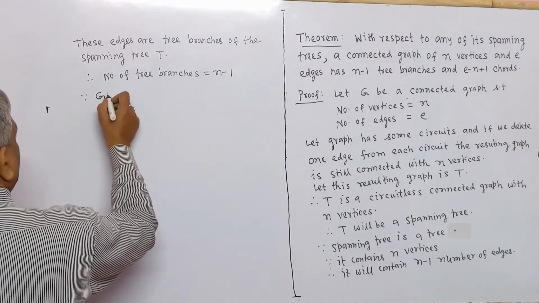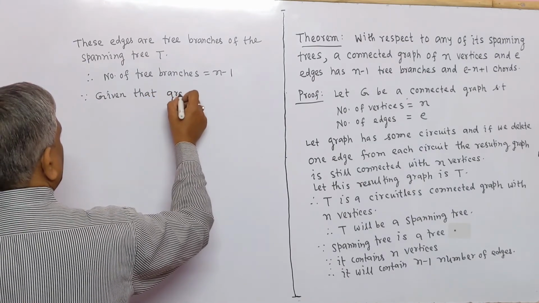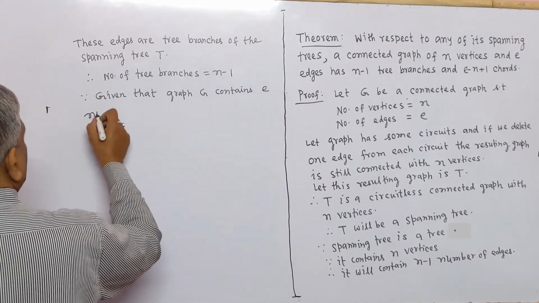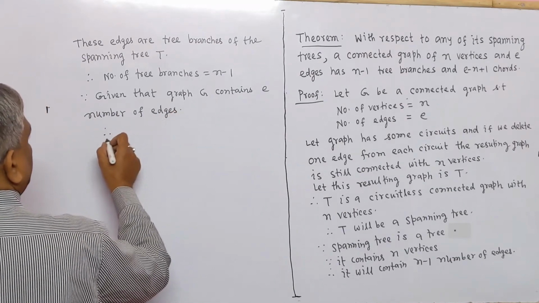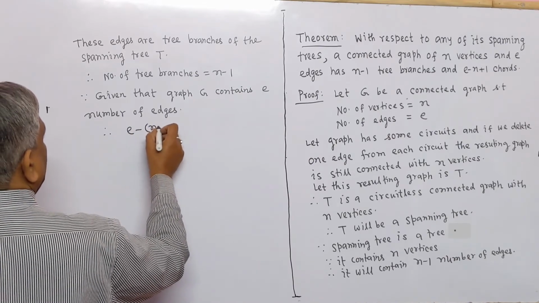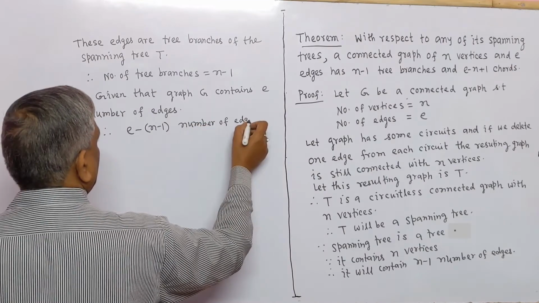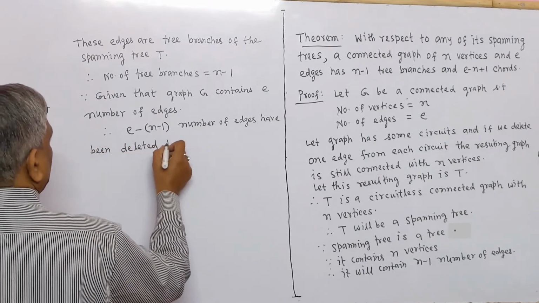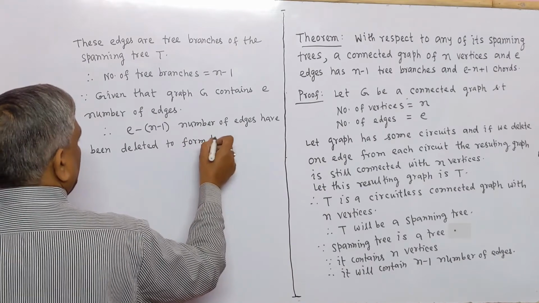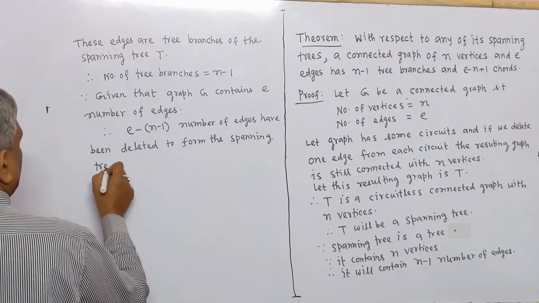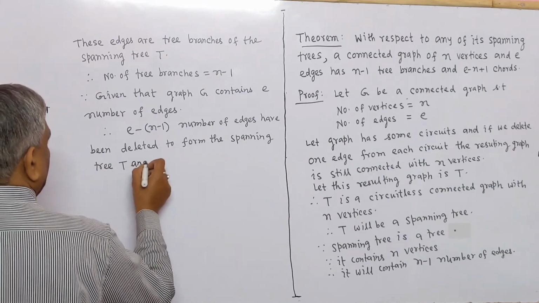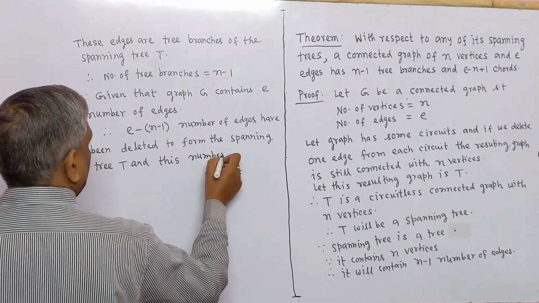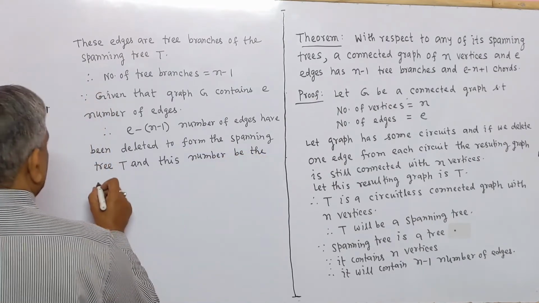Since it is given that graph G contains e number of edges, therefore e minus (n minus 1) number of edges have been deleted to form the spanning tree T, and this number is the number of chords.